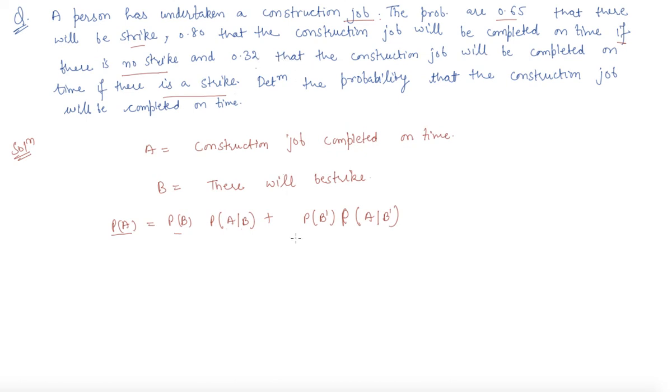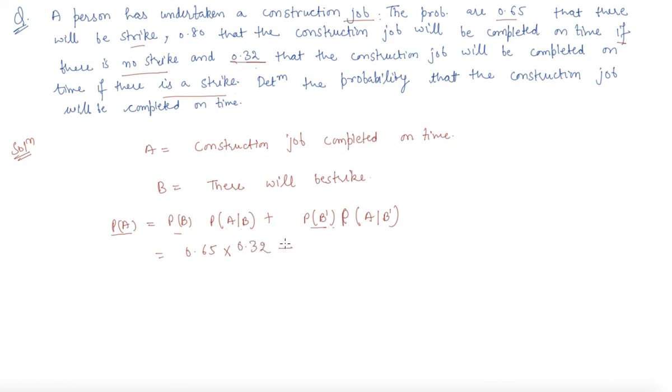Okay, and the probability that there will be no strike into the probability of completion of the task when there is no strike. So we know the probability of strike is 0.65 into the probability of getting work completed if there is a strike, which is 0.32.